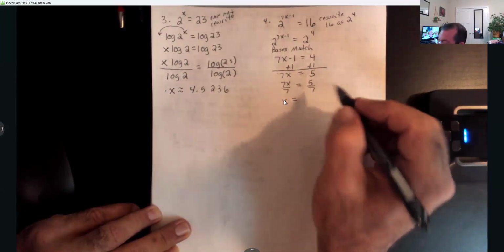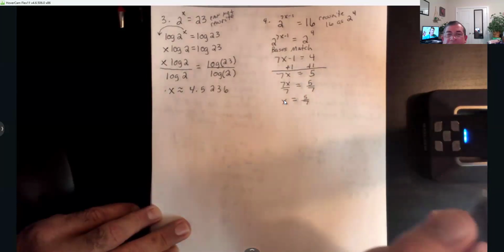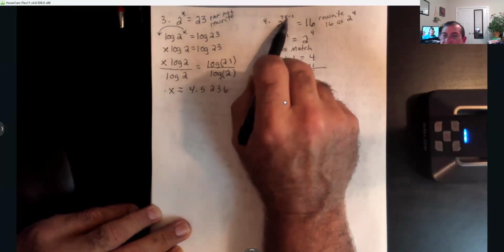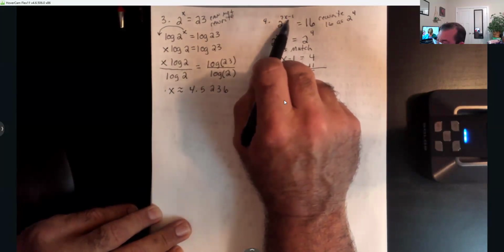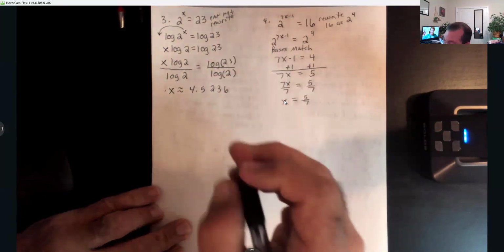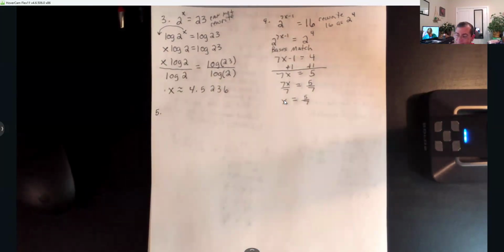It doesn't look like 5/7 will reduce, so x equals 5/7. If you put the 5/7 in for the x's, the 7's cancel. 5 minus 1 is 4, and 2 to the 4th equals 16. Okay?